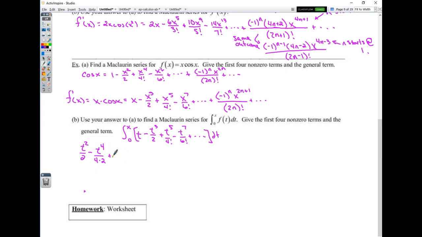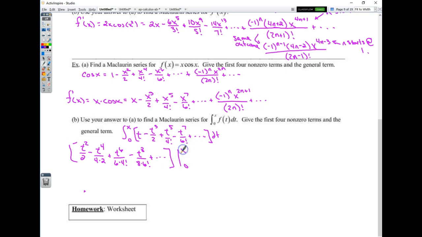What's the next term? T to the 6th over 6 times 4 factorial. And this is where I choose not to multiply that, because that would be terrible. The next term is minus t to the 8th over 8 times 6 factorial. This is getting really dumb really fast. Plus a bunch of dots.